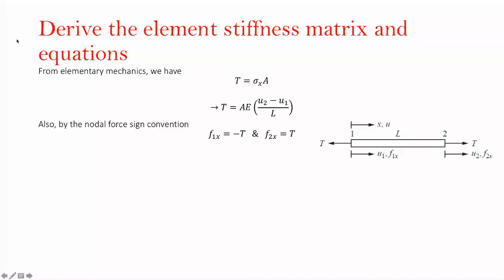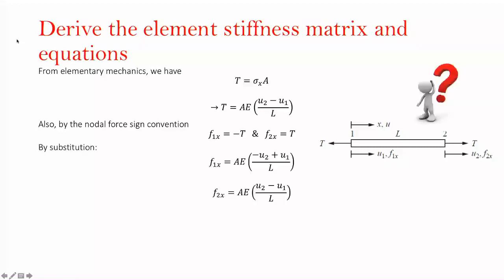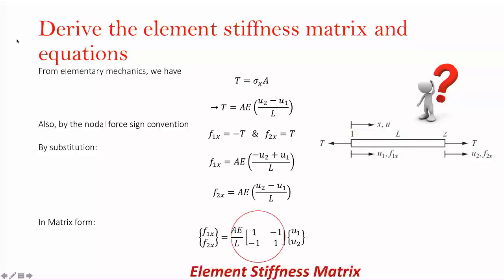If you substitute the equation for T, AE times u2 minus u1 over L, for f1x and f2x, these would be the equations, right? And then if you write it down in matrix form, the middle matrix would be the element stiffness matrix for the truss element.